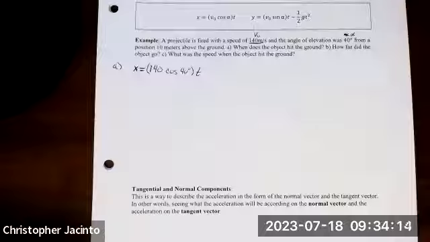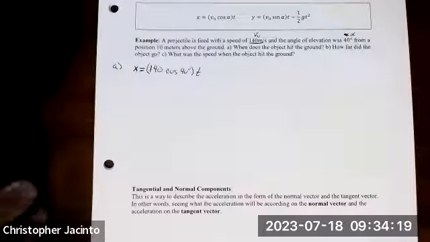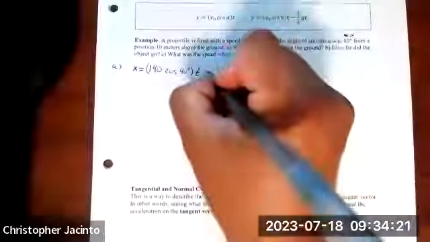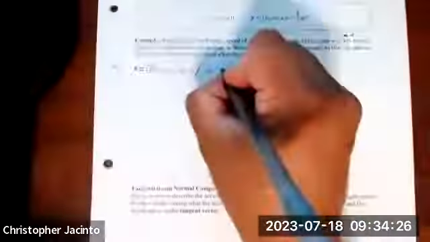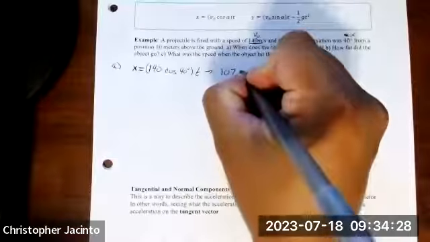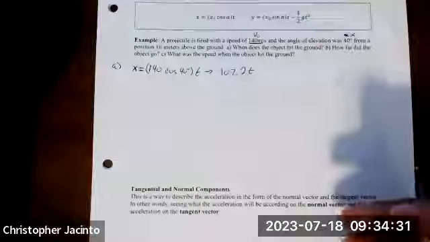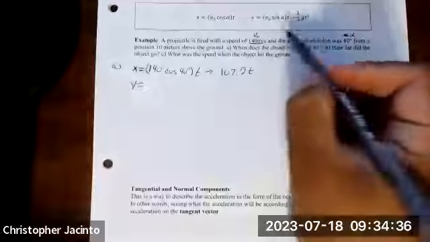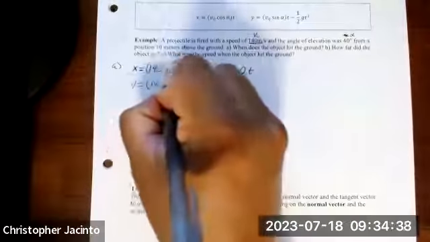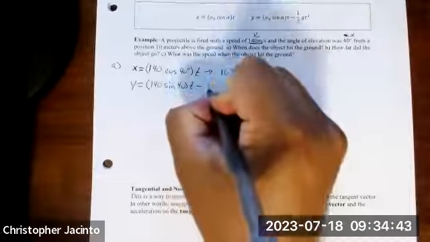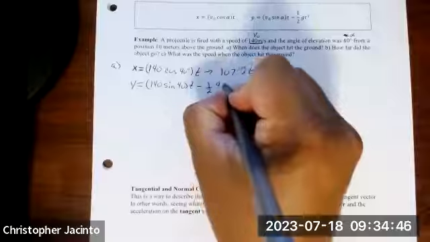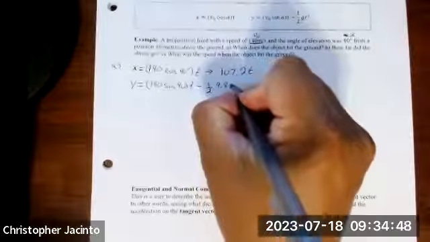So cosine of 40, let's say this is approximately 107.2 t. And the y component is a little harder because there's much more to do, right? So 140 times sine of 40 t minus 1/2 g, which we know is 9.8, t squared.